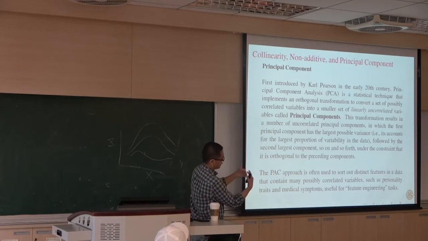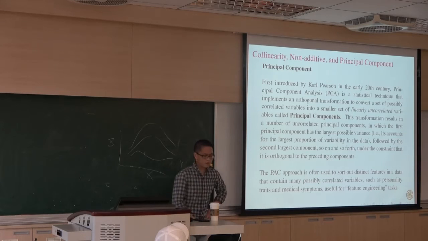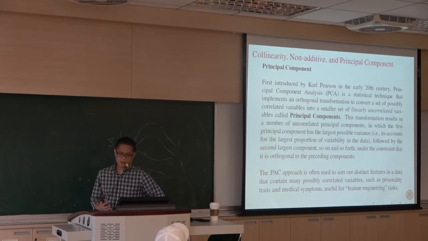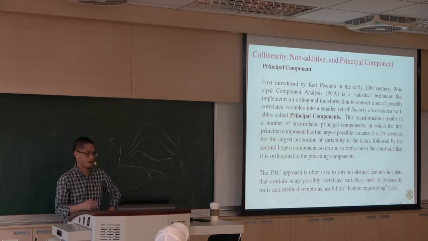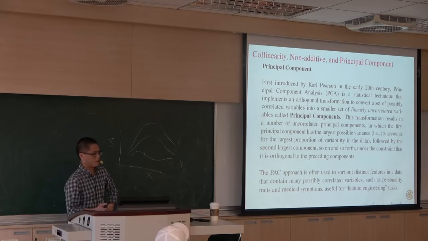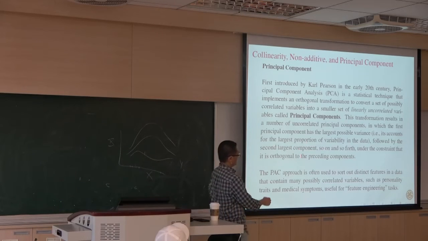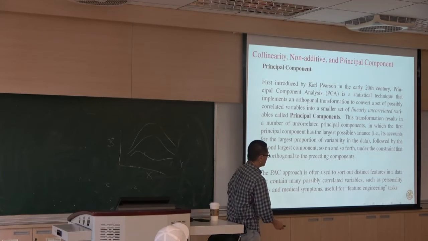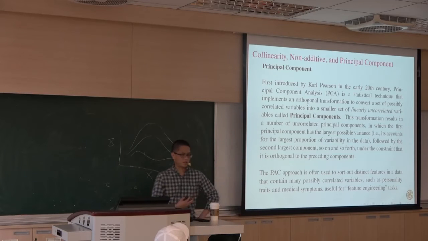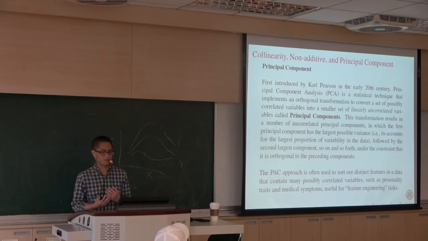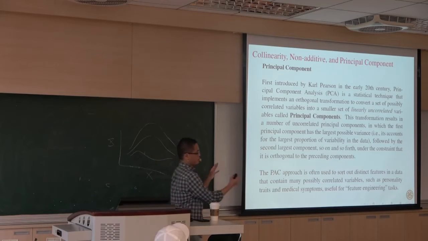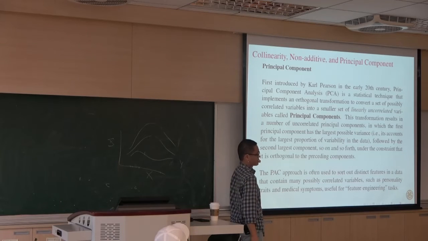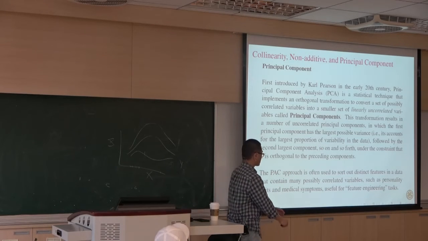Component means a collection of variables. This transformation results in a smaller number of uncorrelated principal components, in which the first PC should account for the largest possible variance in the data, followed by the second PC, and so on and so forth, under the constraint that each PC is orthogonal. They are uncorrelated because the correlation has been absorbed through this transformation, so they should be uncorrelated with each other.